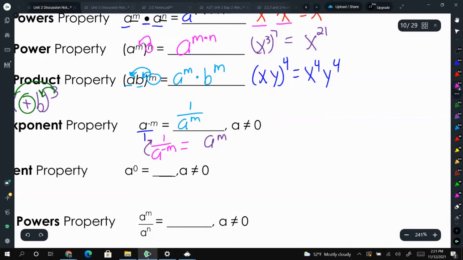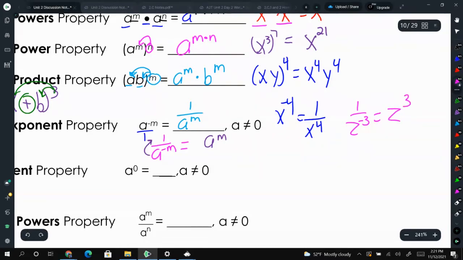An example of that, I have x to the negative fourth. That's going to be 1 over x to the fourth. Or if I had 1 over z to the negative third, that's z to the positive third power. So again, negative exponents, to make them positive, you cross the fraction. If there's no fraction there, make one. Put it over 1.